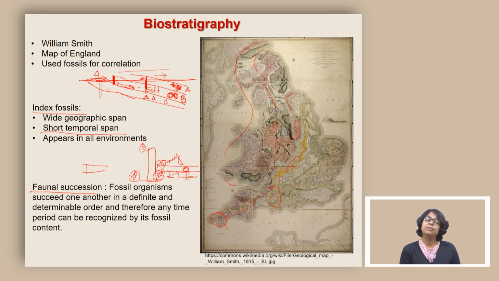But let us imagine that there is an organism which lives in the ocean and the ocean is connected, and that means all oceanic sediments that are being deposited may have these animal remains in them. That is a much better way of correlating different types of rocks which are forming in the ocean.